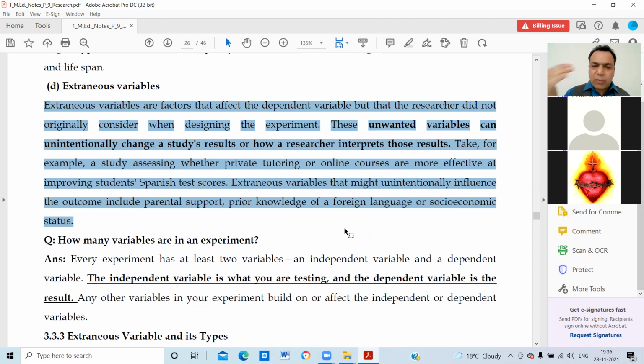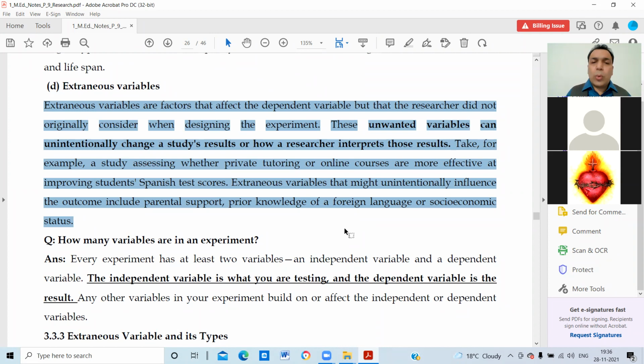But 3 or 4 students, or sometimes 5 students, didn't get good marks. And you start blaming the teacher. The method of the teacher was not good. The teacher didn't teach well in the class. Because of that, 10 students' results didn't come up to the mark.